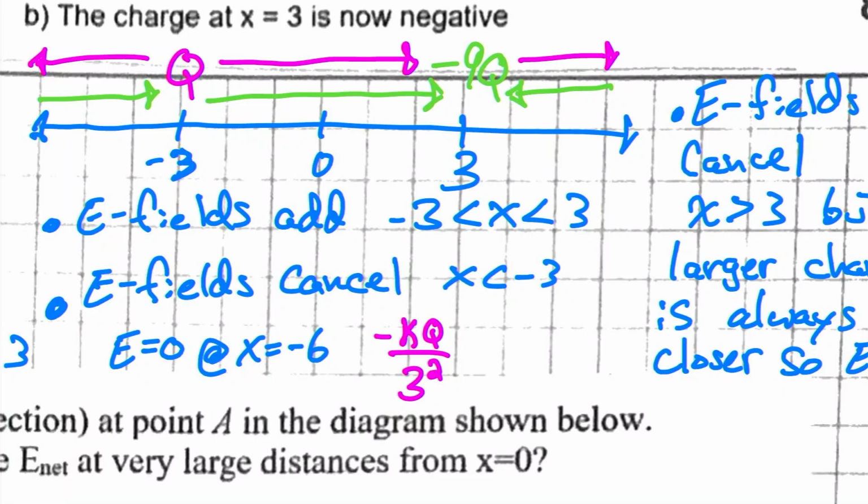It's the difference between negative 3 and negative 6. Right, so it's the distance away we are from Q. And for the 9Q charge, we're 1, 2, 3, 4, 5, 6, 7, 8, 9 charges away. And notice that that field is to the right, so I made it positive. And this field from Q was to the left, so I made it negative.